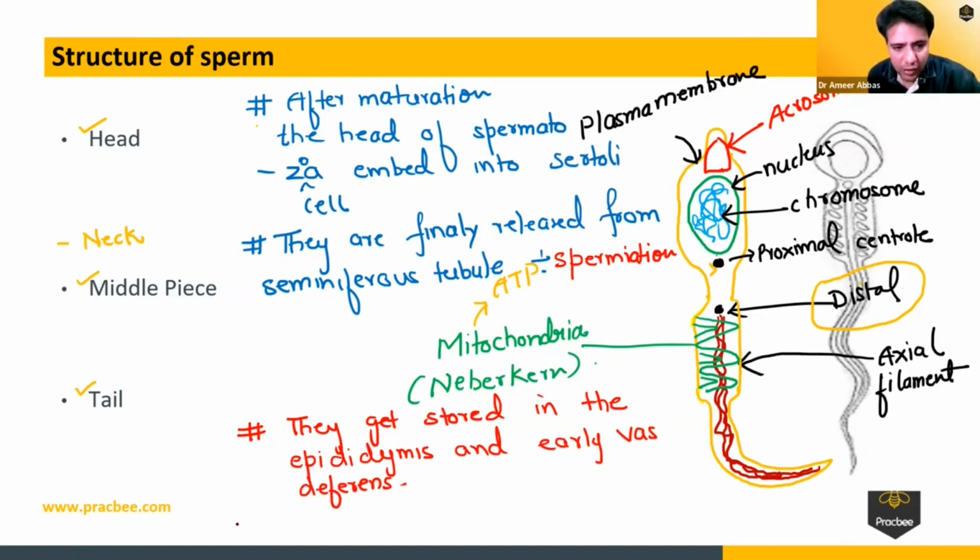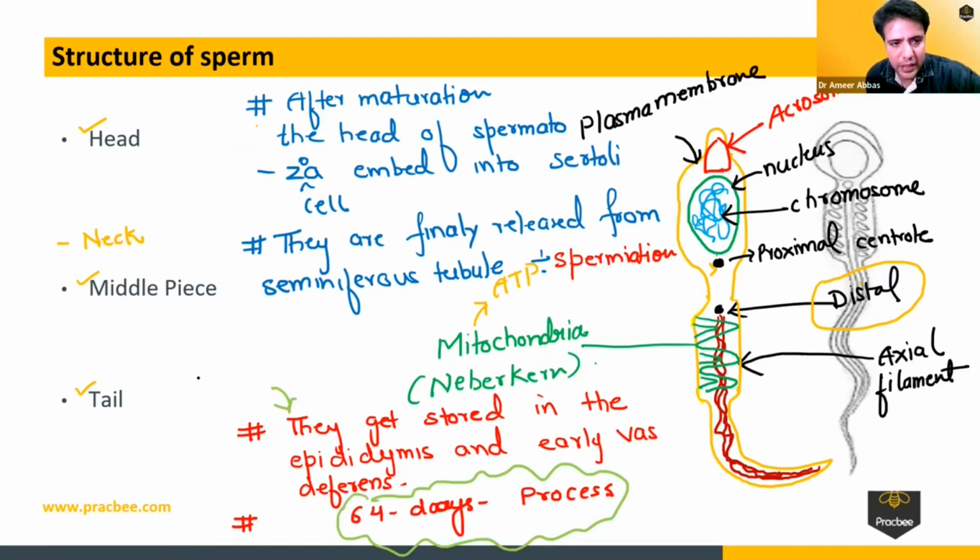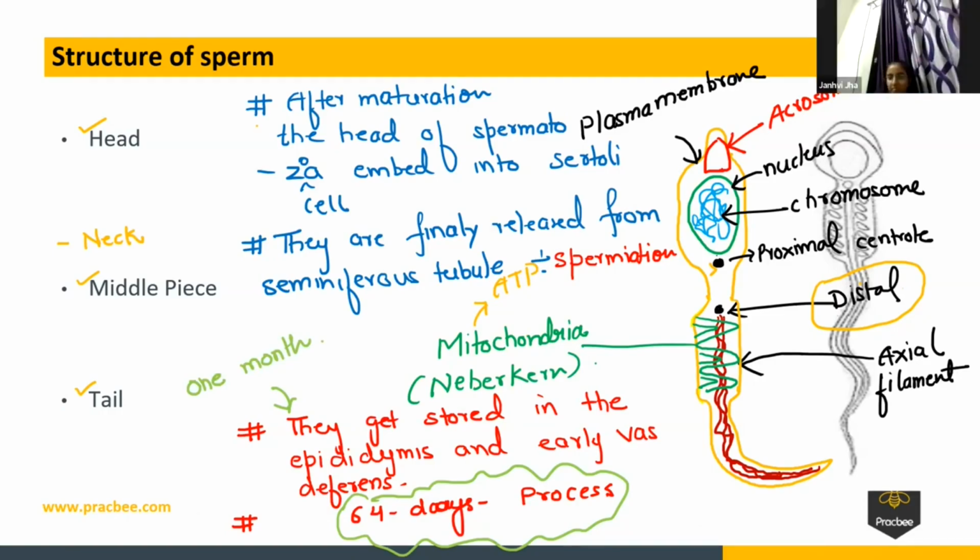All these things, the formation of sperm, take 64 days. So in the epididymis, the sperm get stored, as well as in vas deferens, for a whole 1 month. And if they are not ejaculated, they will be reabsorbed.